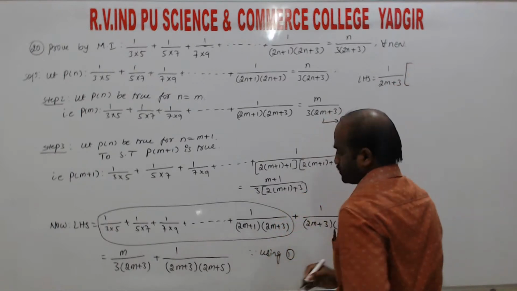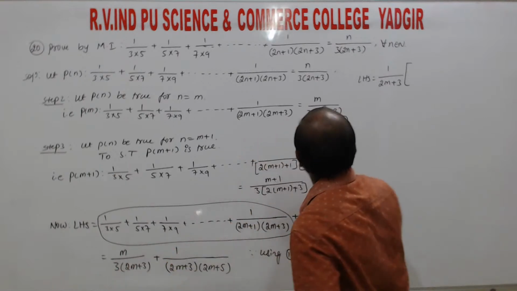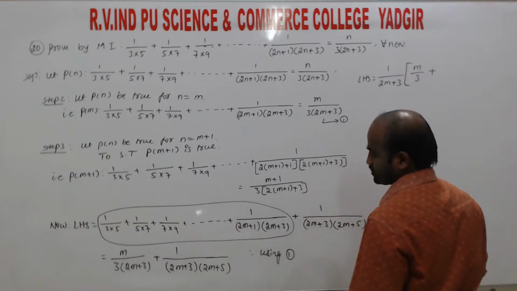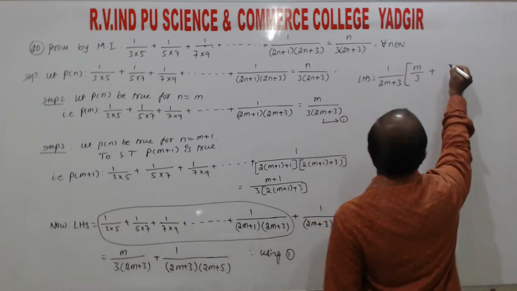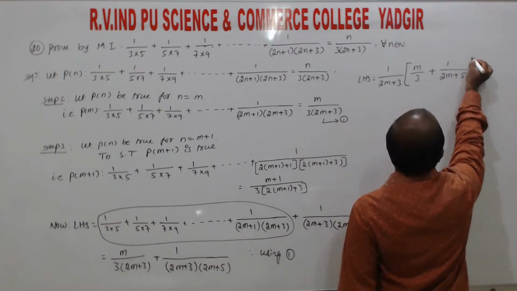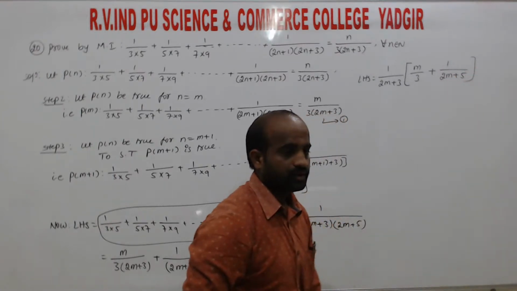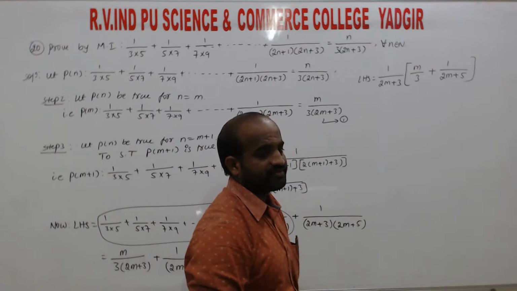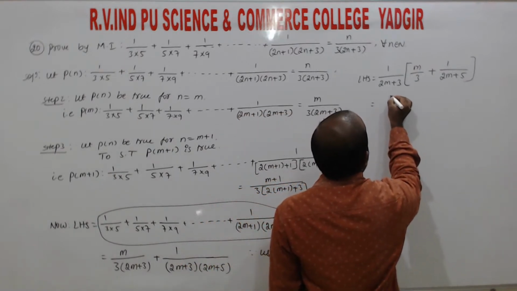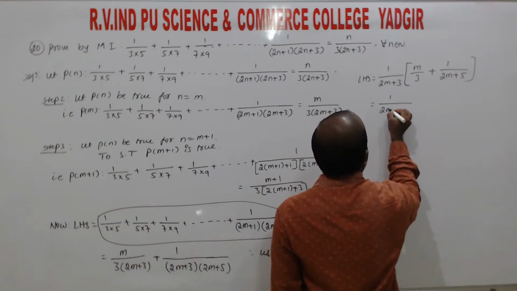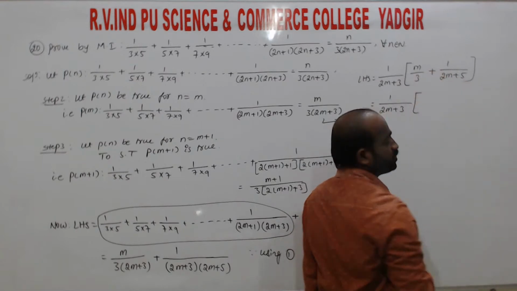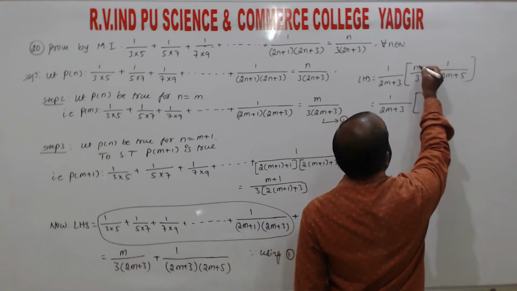Then we will get m divided by 3 plus 1 divided by 2m plus 5. Next, 3 into 2m plus 5 is common. Okay, 1 divided by 2m plus 3, then 2m plus 5 into m.